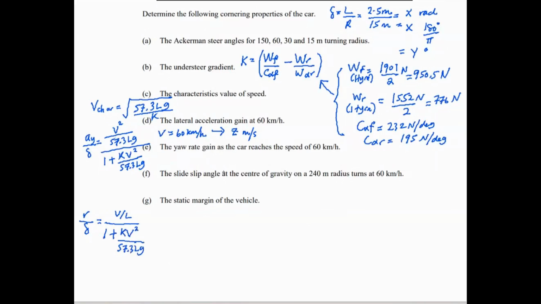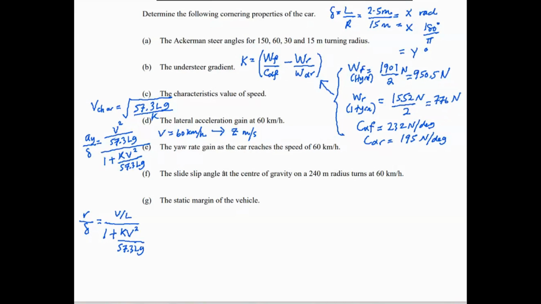So this is the equation to solve E, which is related to yaw rate gain when the car reaches the speed of 60 km per hour. With the same values, velocity in meter per second, L is the wheelbase, K is the gradient, G is the gravitational acceleration. So you can solve question number E.